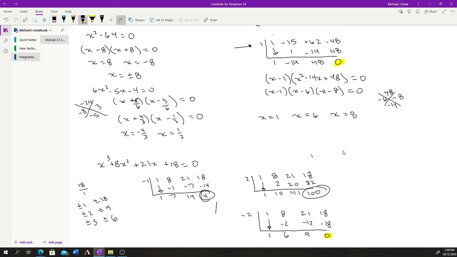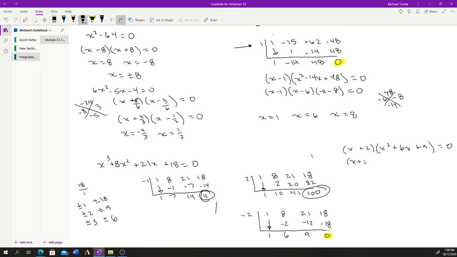If that's all I was asking you, you'd be done, but I'm asking you for the solutions to the whole polynomial. So flip the sign, write it x plus 2 times, looking down here, 1, 6, and 9, x squared plus 6x plus 9.